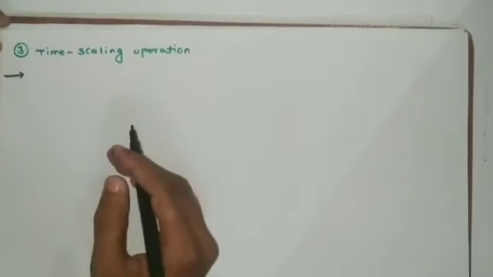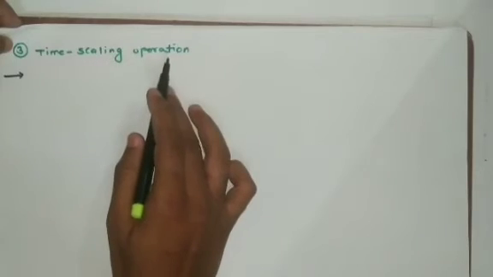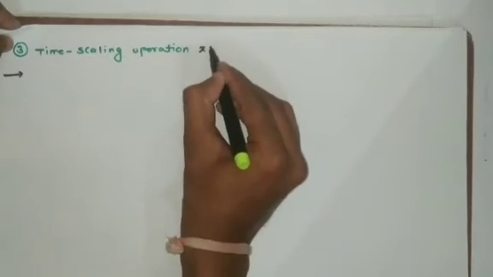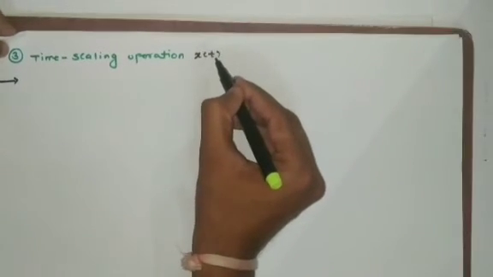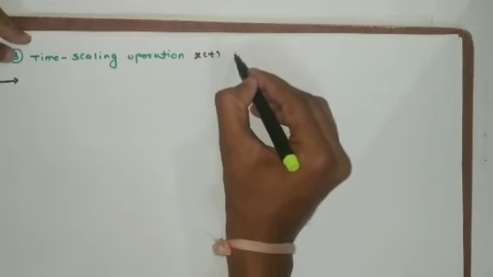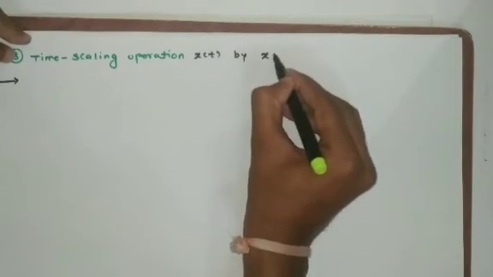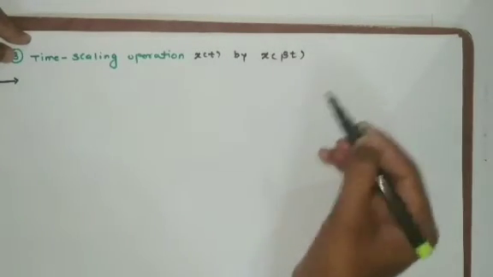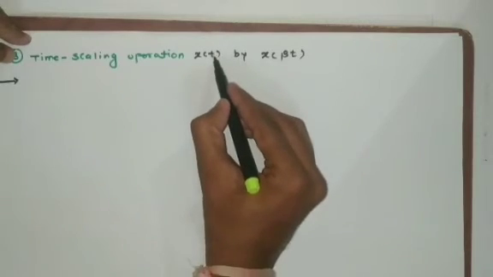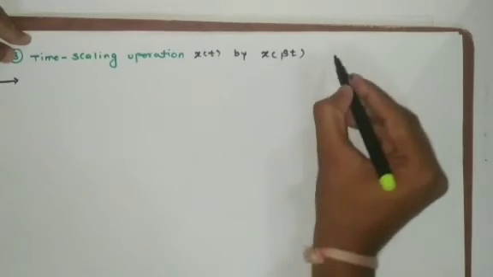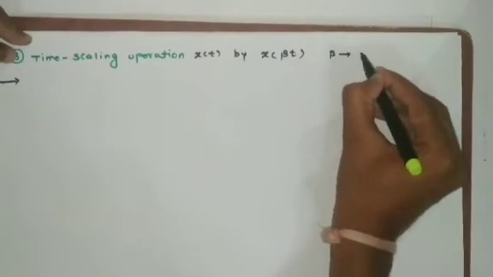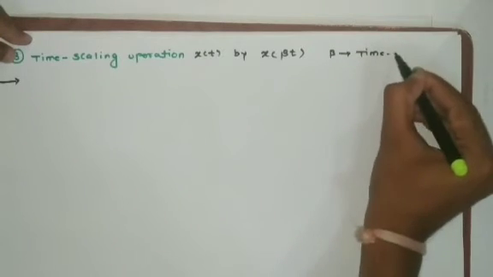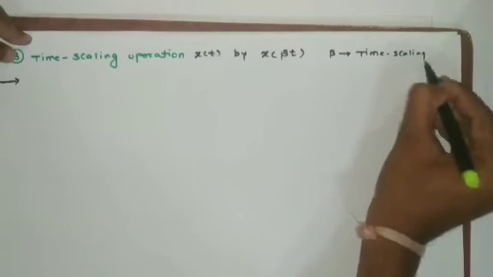I am just putting the statement as: time scaling operation of an input signal x of t can be accomplished by replacing x of t by x of beta t, or simply replacing t by beta t, where this beta is called the time scaling factor.